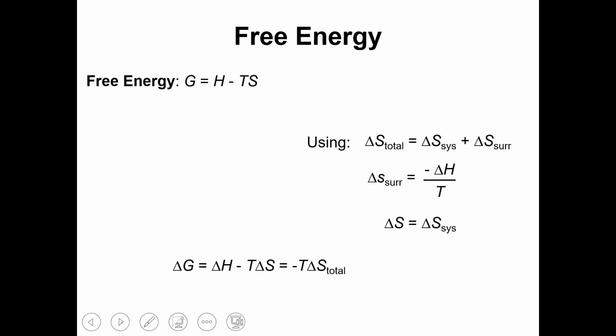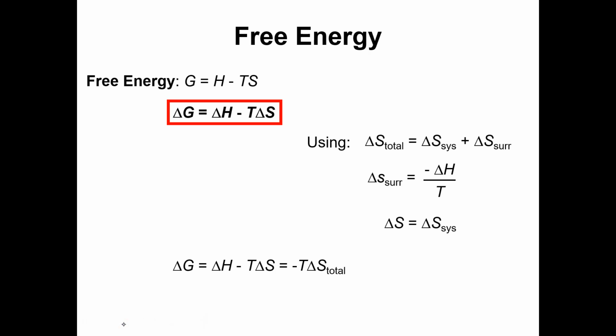So we can relate the enthalpy, the entropy, and the temperature using the equation for Gibbs free energy. So the thing that actually matters, that's useful to us, is that the change in Gibbs free energy, delta G, is equal to delta H minus T times delta S.